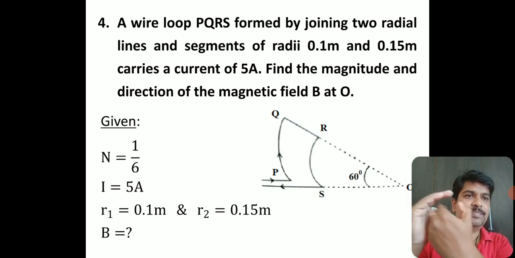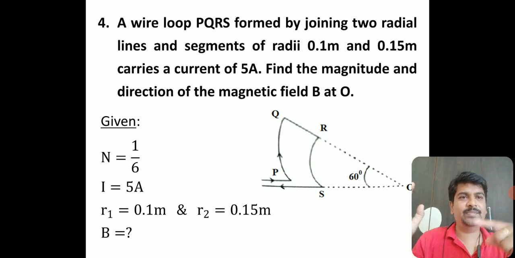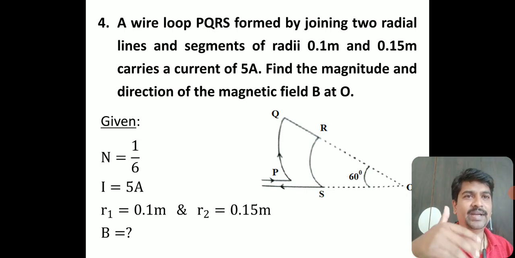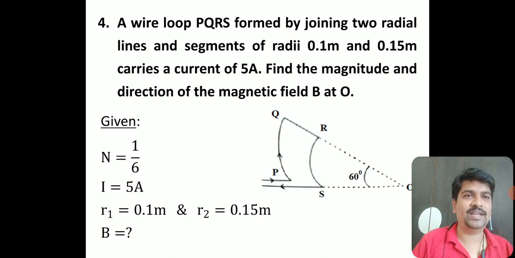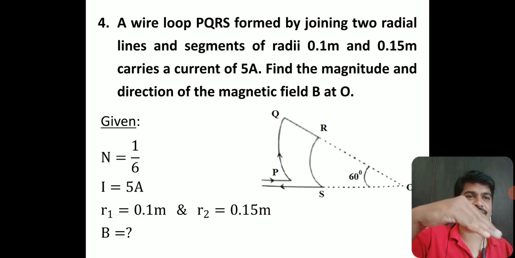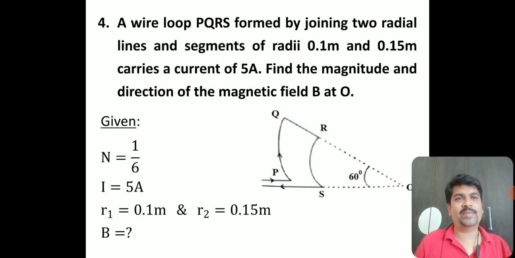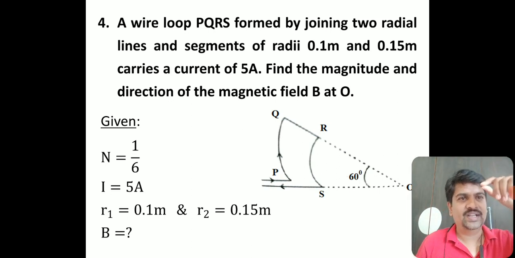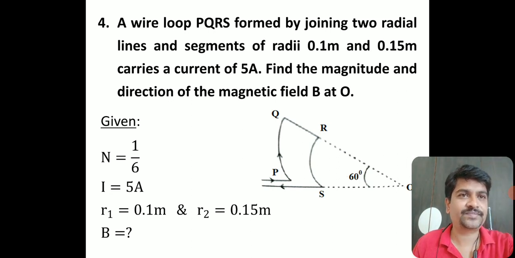For an arc we can expect some magnetic field, but for a straight portion the magnetic field is 0, because the current is along the length. If current is along the length, you cannot expect any magnetic field. So the contribution from the segments QR and PS, which are straight, is 0, because theta is 0.